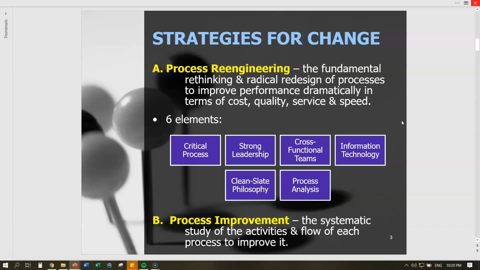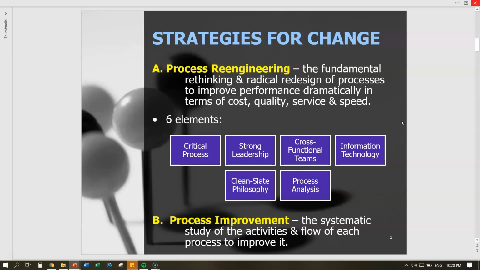Next is information technology. And then clean slate philosophy. Bila kita cakap pasal clean slate philosophy, it directly refers to the vision, mission and goals of the organisation. And lastly, process analysis. You kena analyse proses yang you nak re-engineering tu in order to identify dekat mana masalah dia, dan dari situ barulah you boleh decide sama ada you nak proceed with re-engineering ataupun tidak.